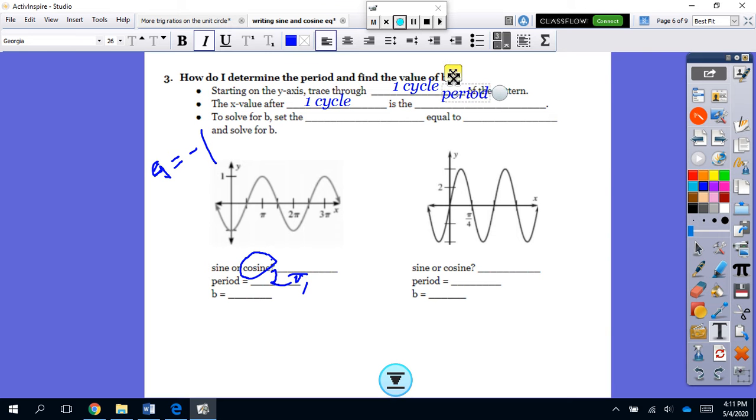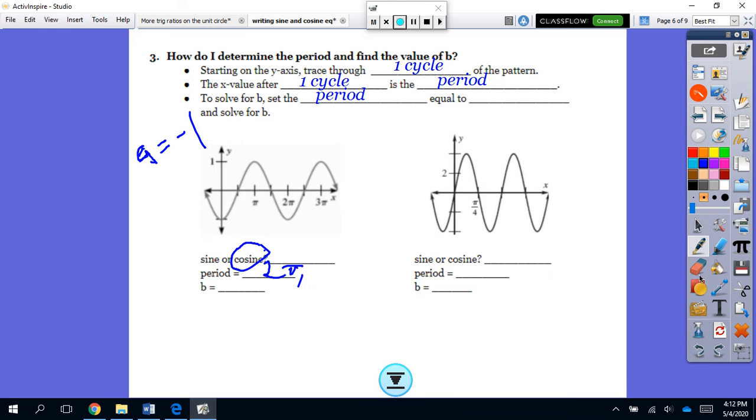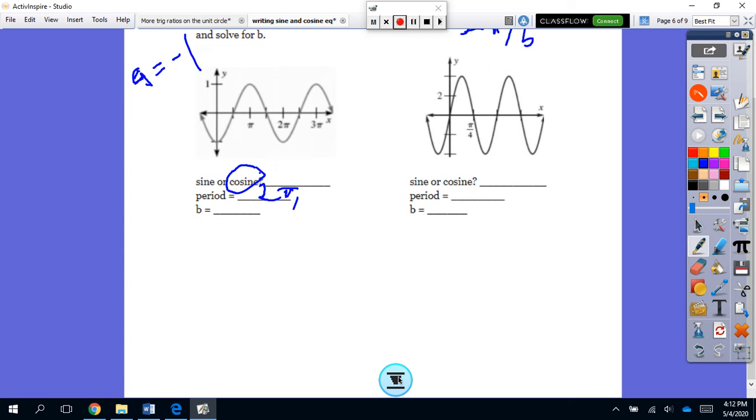To solve for B, we have to remember the formula: set the period equal to that formula, which was 2 pi over B. I'm going to write it: 2 pi over B, and then solve for B. So in this case, we're going to set the period, which is 2 pi, equal to 2 pi over B. Well, let's see.